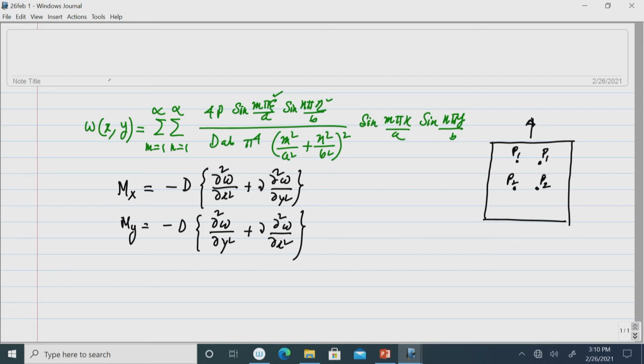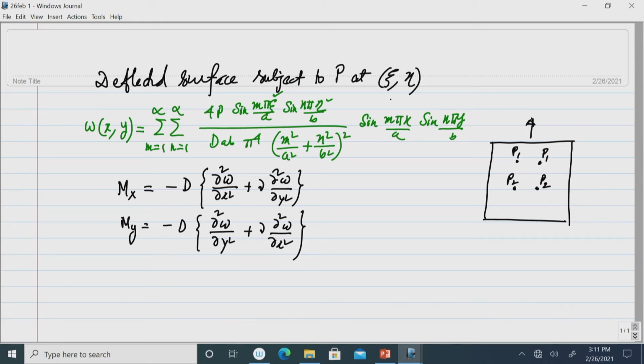So, this is the deflected surface of the plate subjected to concentrated load P at. Okay. From that expression we can arrive at mx, my and if required other values can also be found out.